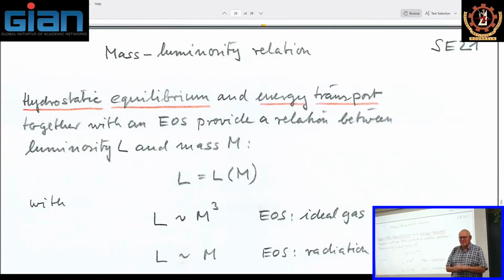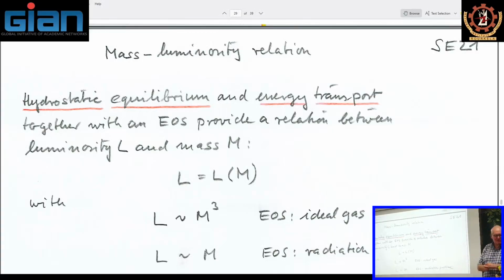So if I may bother you with an additional exercise, simply take the pressure-temperature relation P proportional to T to the fourth and redo, or simply change a little bit, the derivation given yesterday by Professor Yadav. Then you will see you will end up with a linear luminosity-mass relation in that case.